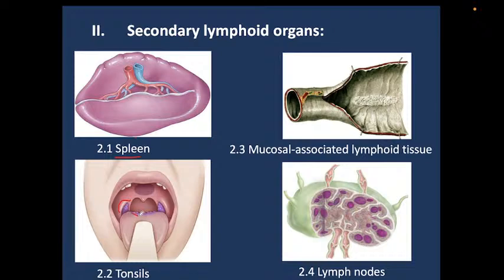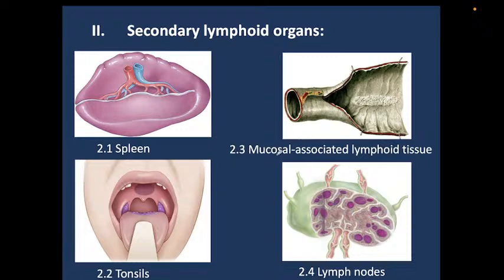One of the unpaired is located in the radix of lingua, or on the dorsal part of the lingua. But between the palatine arcus, you can see it yourself in your mouth, in a mirror, these small tonsils are also part of the secondary lymphoid organ system.